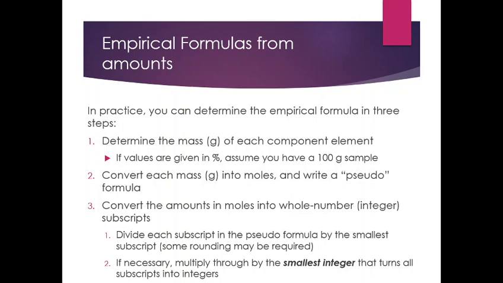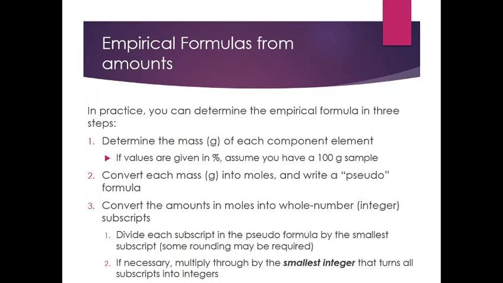Sometimes these problems will tell you exactly the number of grams of each of your compounds. Most of the time, though, you're going to be given these types of problems and they're going to be represented in terms of percentages. One great thing about percentages, and why I made sure to cover this in my previous video, is that mass percent doesn't depend on the actual mass.